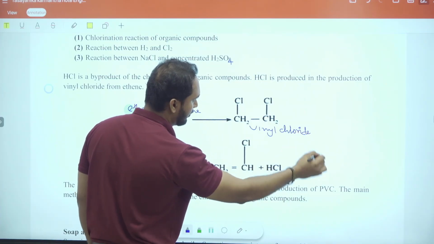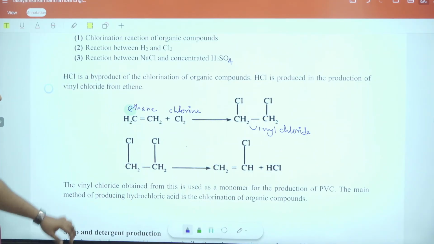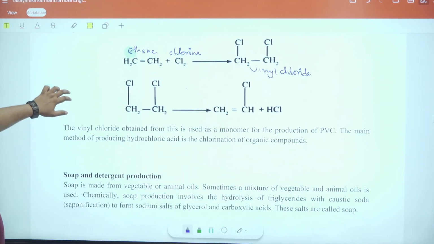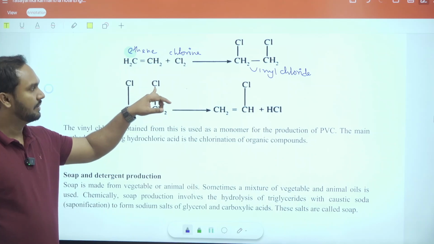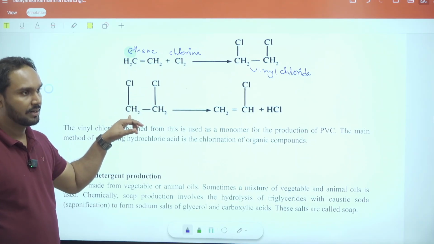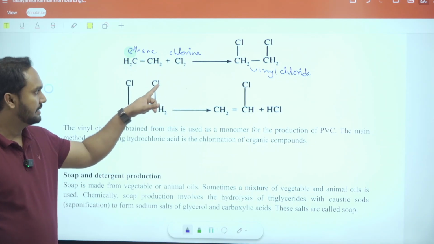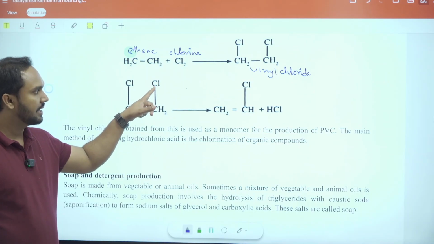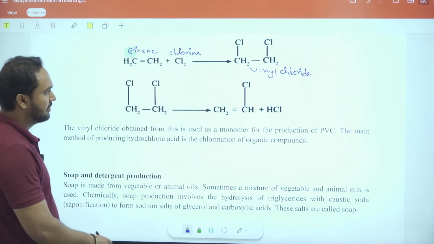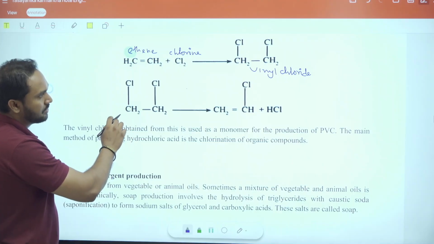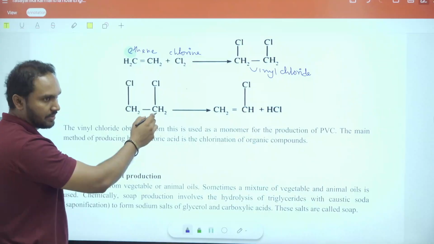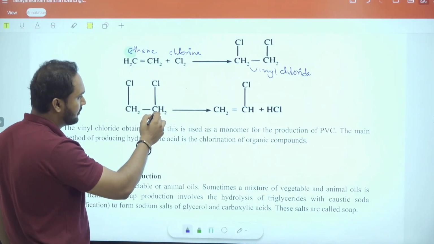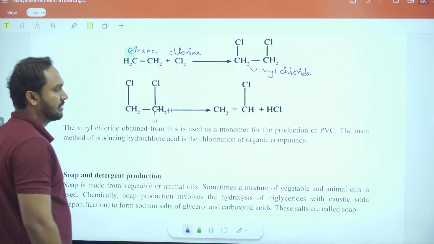In this compound there are two hydrogen atoms, one hydrogen and the next hydrogen.